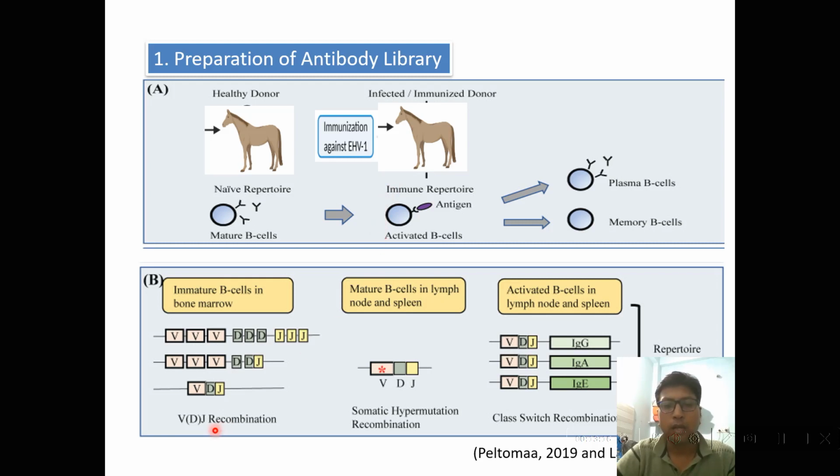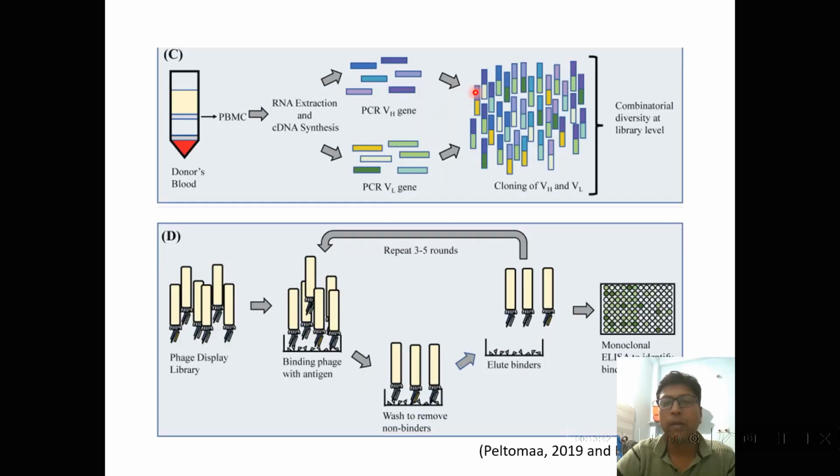During activation, different genes are rearranged in the B cell, like the variable region, then the D region, and the joining region, etc. After class switching of the antibody, a monoclonal antibody is synthesized. That means in the case of the B cell, there are different types of gene arrangements, and during this gene rearrangement, we can remove the B cells from the donor and extract all these genes.